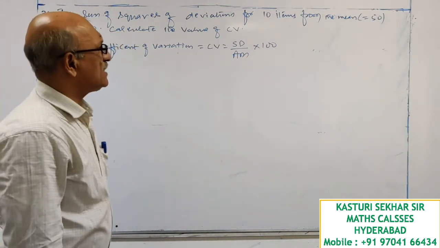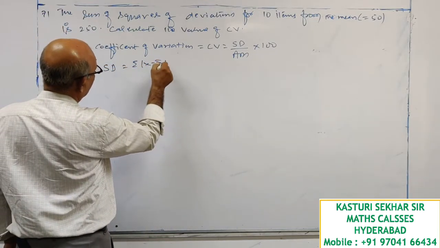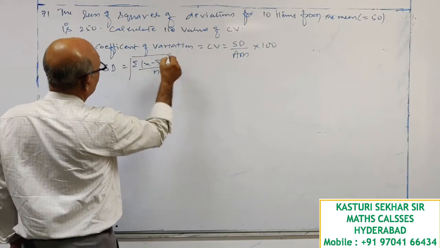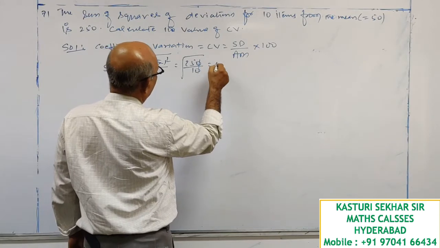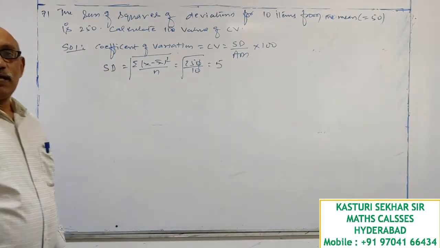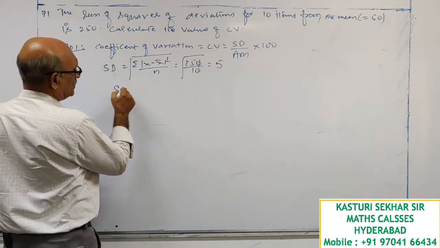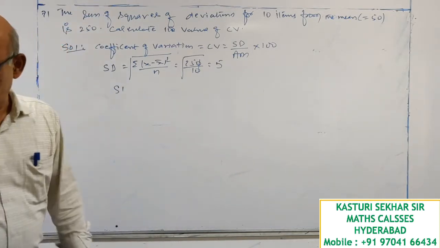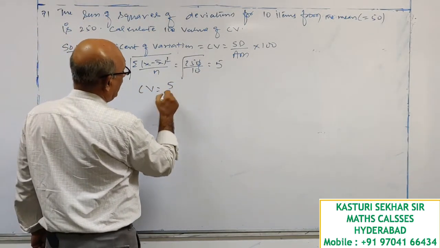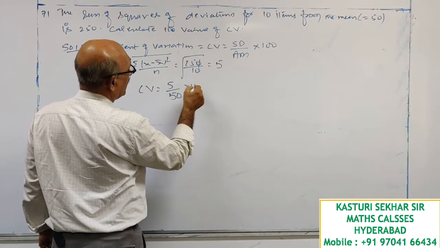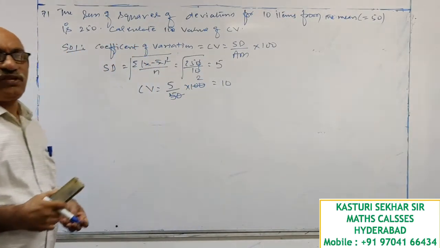I have to calculate standard deviation: summation of x minus x bar whole square by n under root, 250 divided by 10 under root. This is 25, and square root of 25 is 5. Therefore, standard deviation is 5. CV is equal to 5 divided by 50 into 100. It will go 2 times 10. CV is equal to 10.